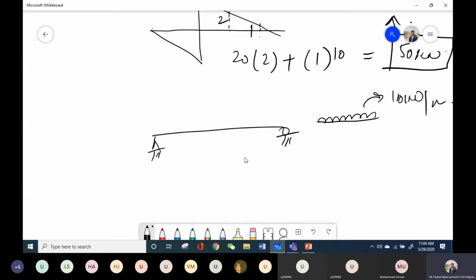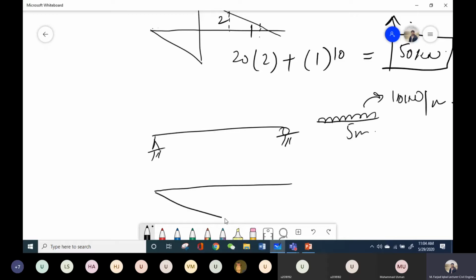In this case also the approach is the same, but there is a slight difference: in the case of a point load we have to multiply it with the ordinate. But in the case of UDL, let's say this UDL is of 5 meter, we will place this UDL at different locations on this beam.